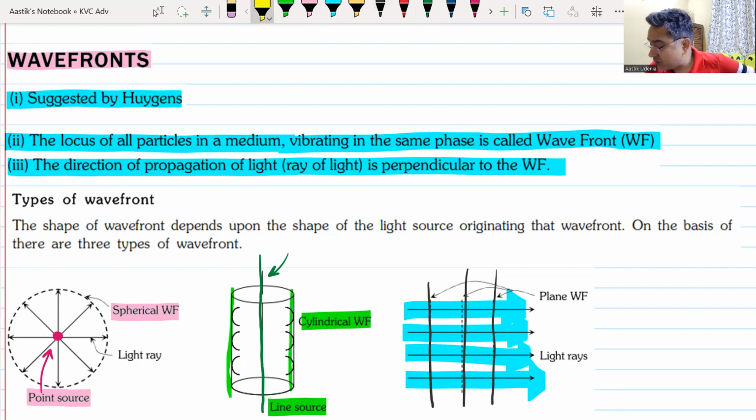Looking at these 2 points, wavefront and the direction of propagation of light rays and the shape of the wavefront, does it remind you of something that we have done sometime before? Point source, spherical, line source, cylindrical, parallel lines, perpendicular wavefronts.